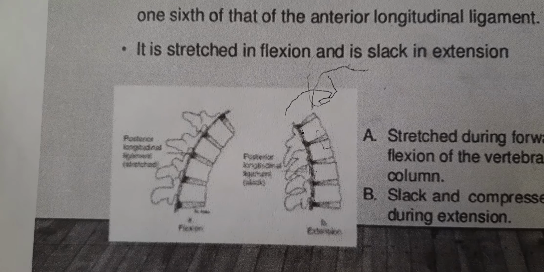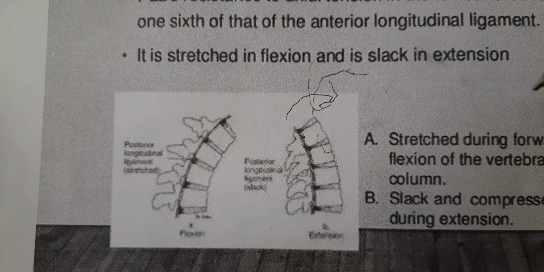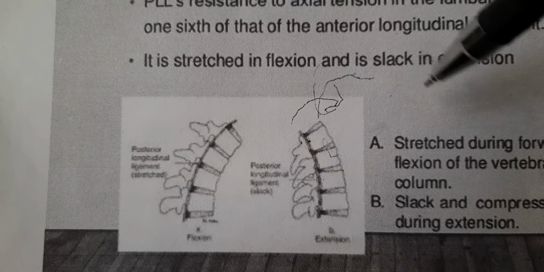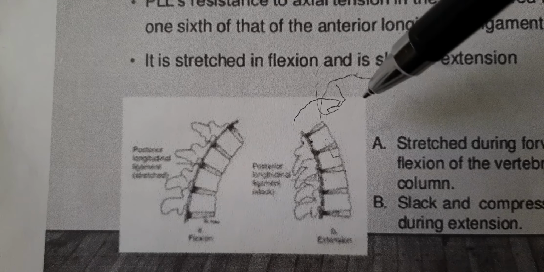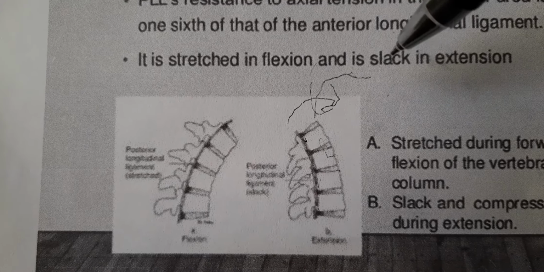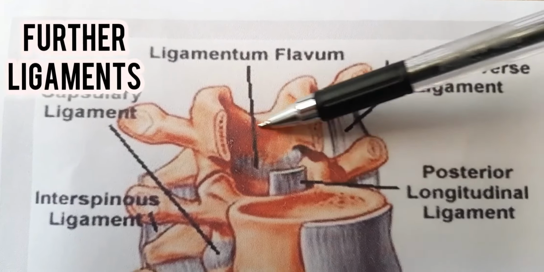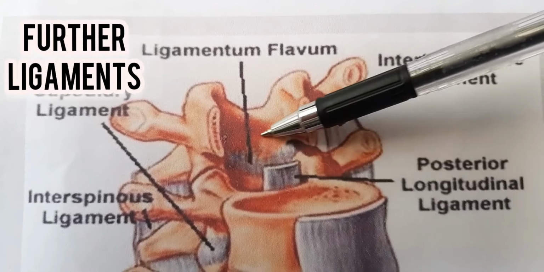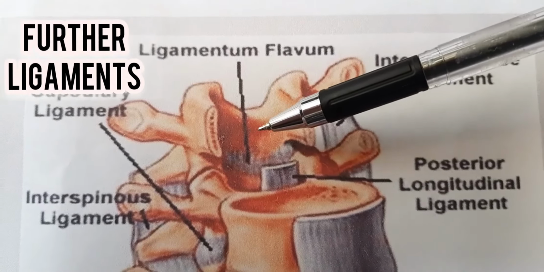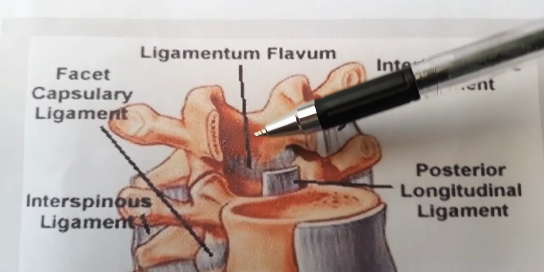Anterior vertebra compresses whenever you are at flexion, and posterior vertebra compresses when you are at extension. I hope you get it now. Simple. Now let's talk about the ligamentum flavum. That is a thick elastic ligament, strongest in the lower thoracic region and weakest in the mid cervical region.